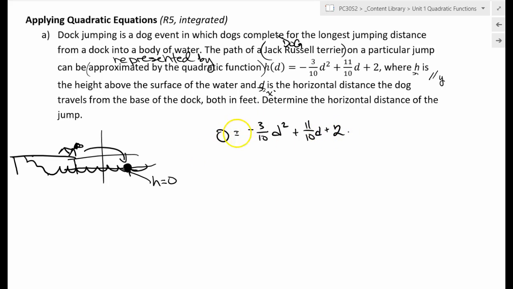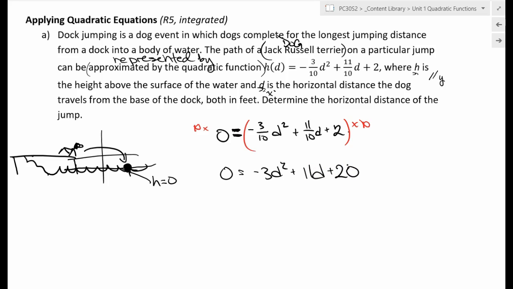Now, we could factor out the tenth, but because we actually have an equation here, I can multiply by 10, and it doesn't change my left-hand side because anything times 0 is still 0. So that's what I'm going to do. I'm going to multiply everything by 10. So we still have 0 over here, but now I've got -3d squared plus 11d plus 20.